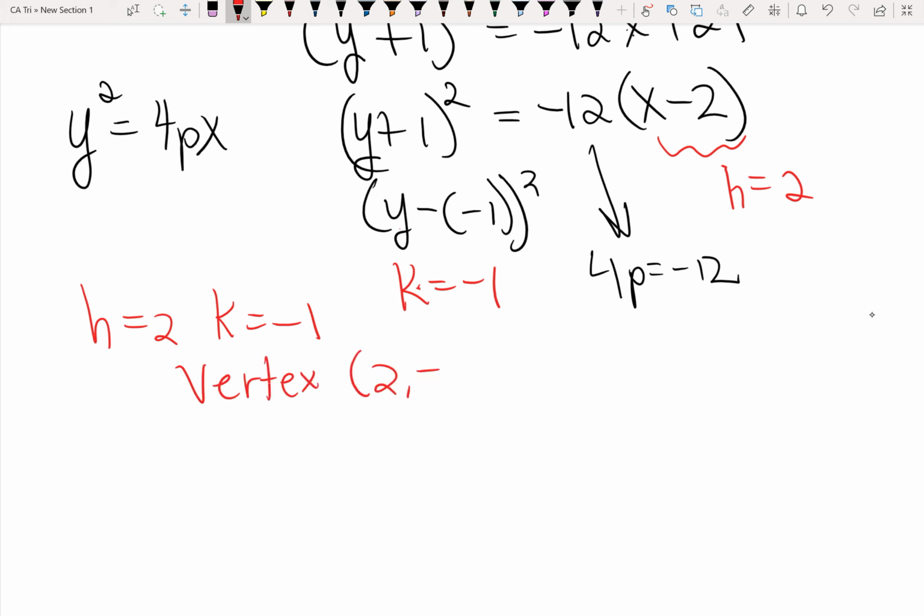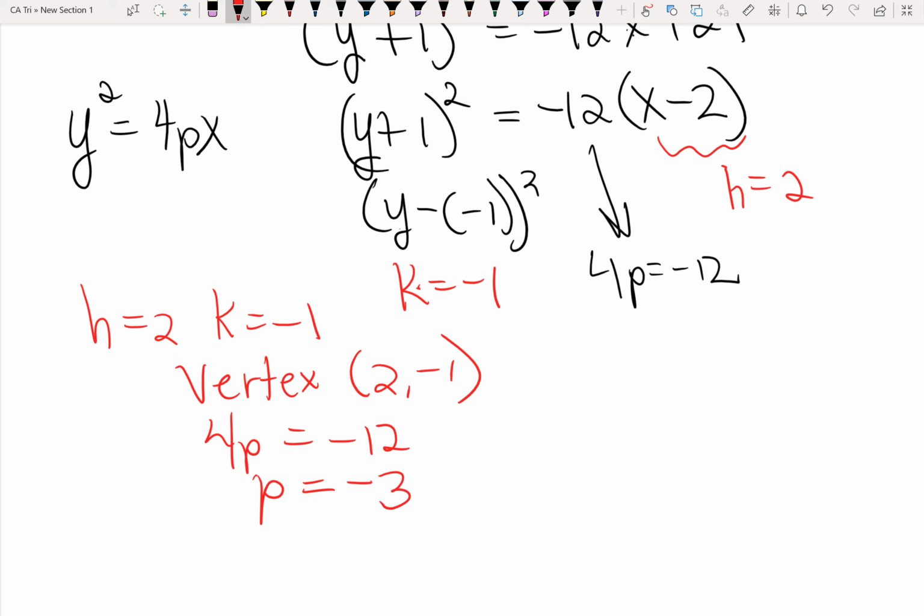which mentally, doing some mental math is kind of like the center. And then here we have 4p, which is equal to negative 12, and therefore p is equal to negative 3. So that'll help us with the symmetry. We could tell the symmetry is, in this case, going to be horizontal.